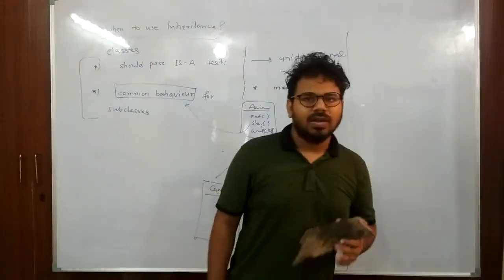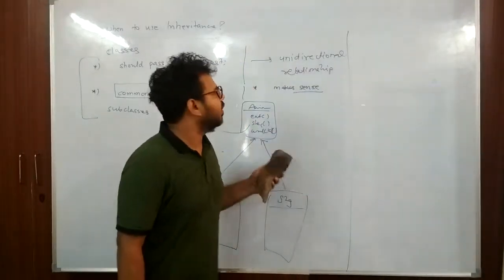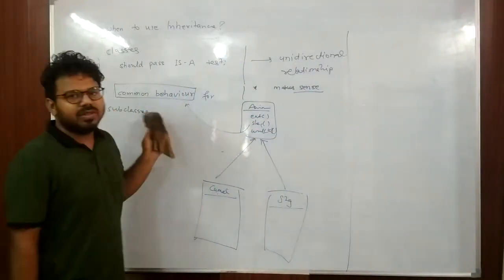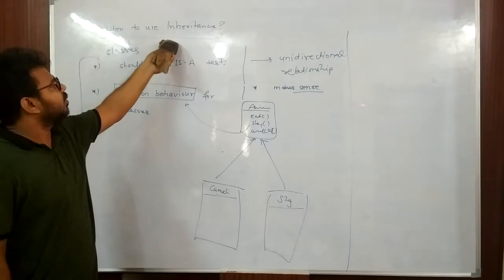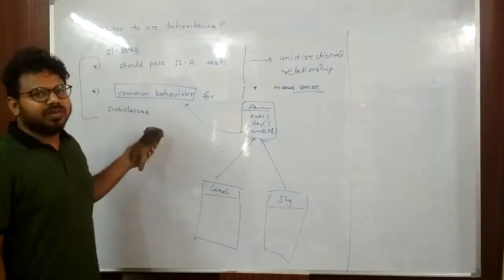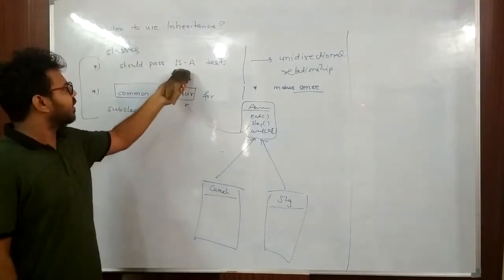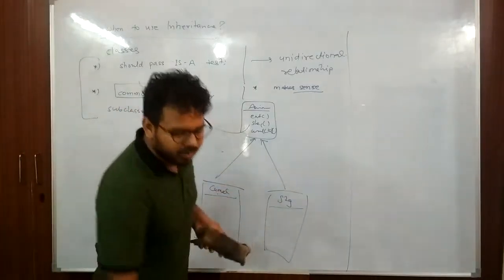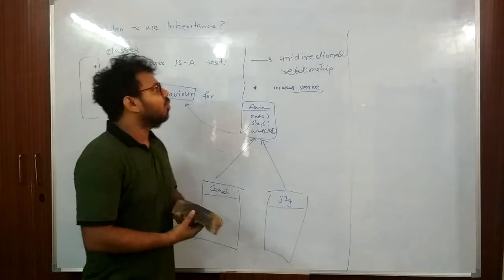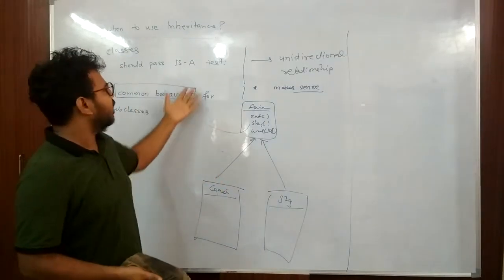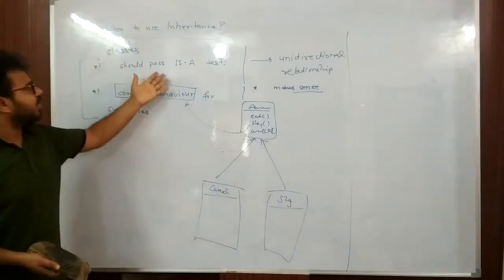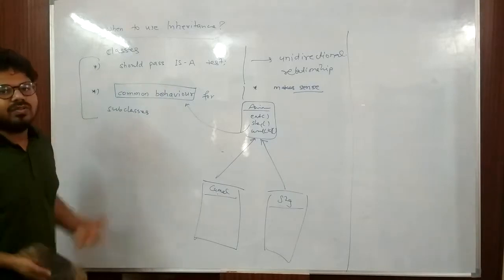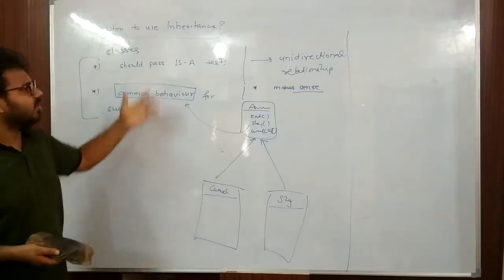Now let us discuss a scenario where we are abusing inheritance. That means we are not using inheritance in a proper way, judging by these two conditions, the is-a test. Let us discuss it, because it is very important to understand why we should follow this and what happens if we do not follow it.